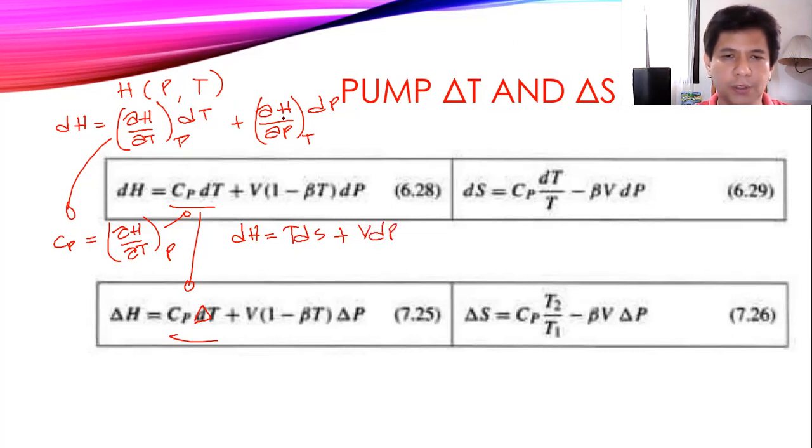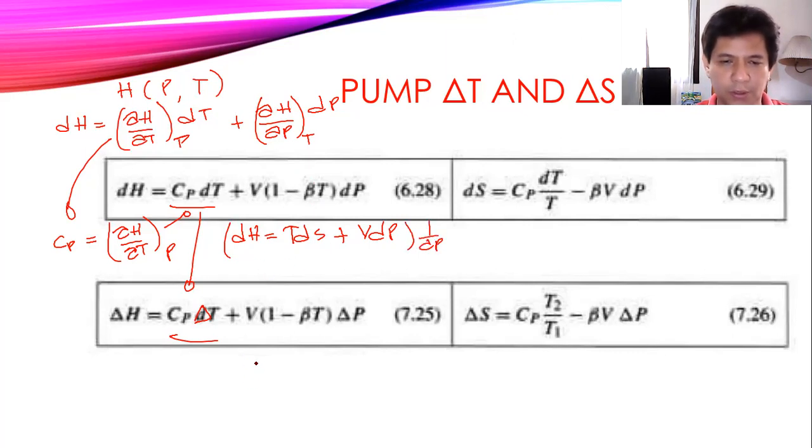So in order to get this partial derivative of H with respect to P at constant T, what we do is we multiply this fundamental equation with 1 over dP.